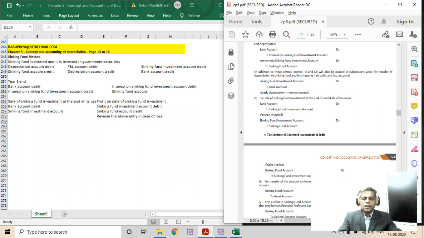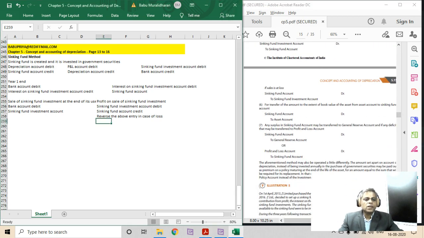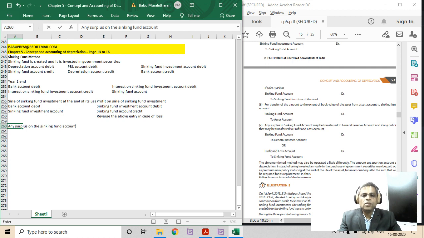The next one is that there will be a surplus after the sale of the asset. Any surplus on the sinking fund account will be transferred to general reserve.